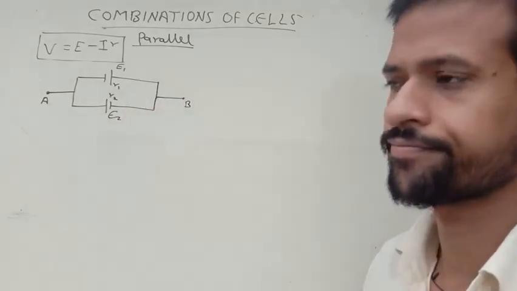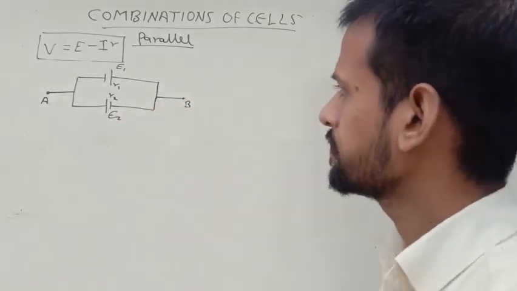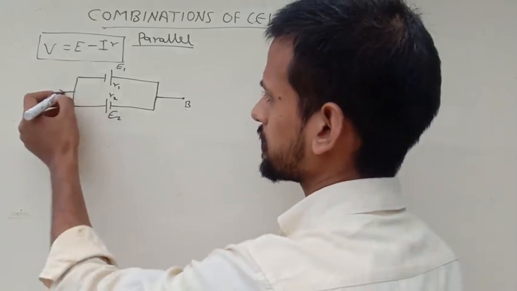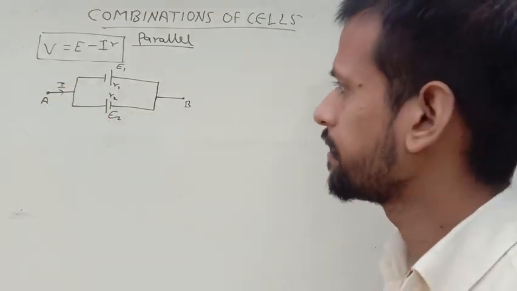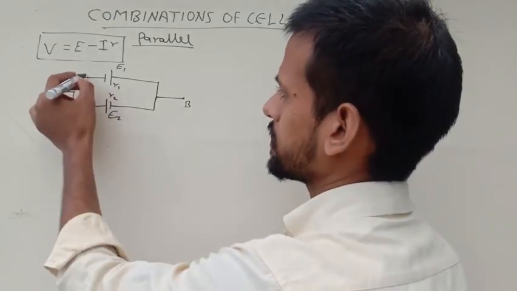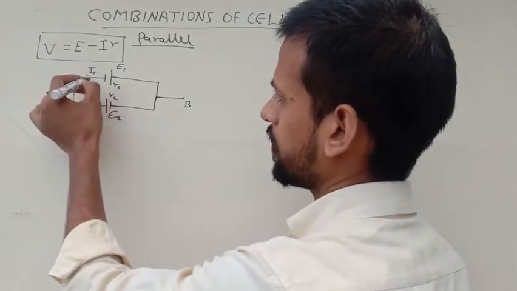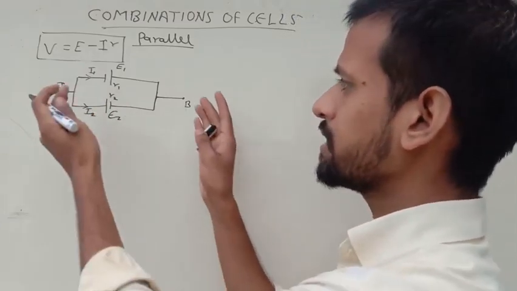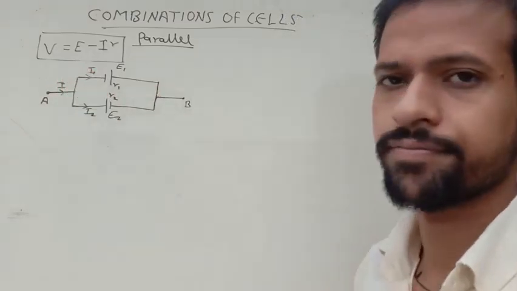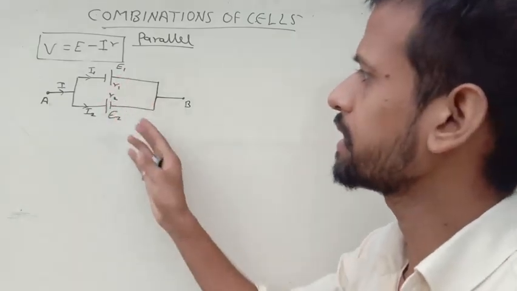Now if the current flowing in this circuit is I, whatever the direction according to the circuit, this current is divided into I1 and I2, but the potential difference for both cells is the same.